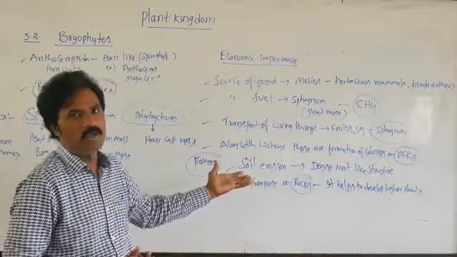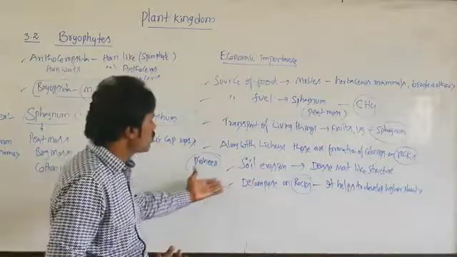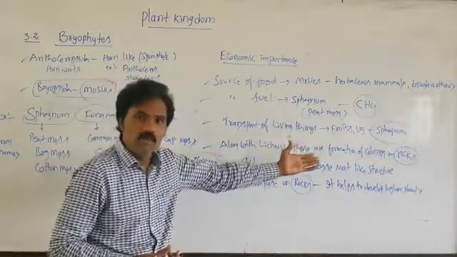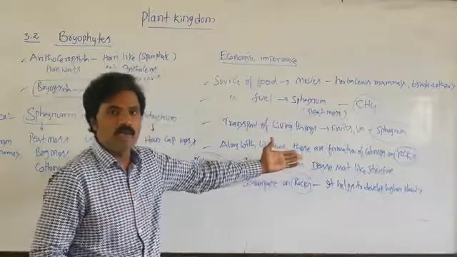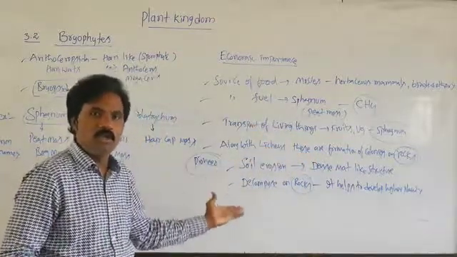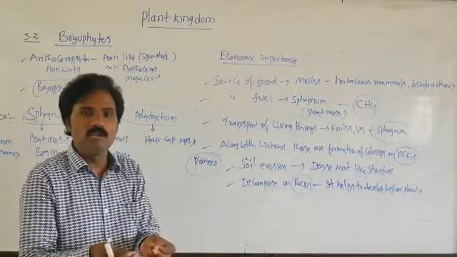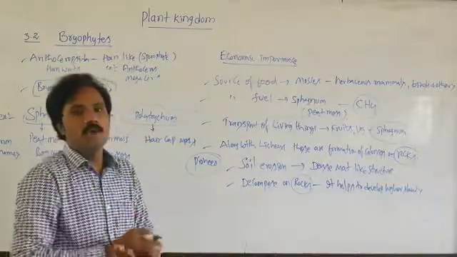Like this, they also prevent soil erosion, form first colonies along with lichens, which is why they are called pioneer organisms, and decompose rocks, increasing fertility to develop higher plants.